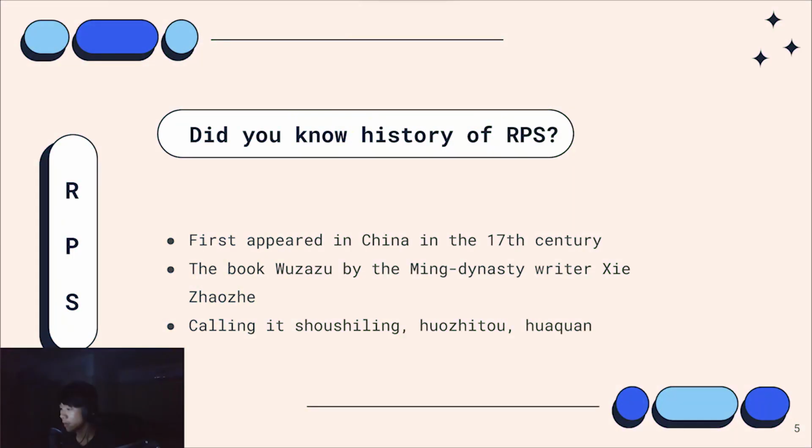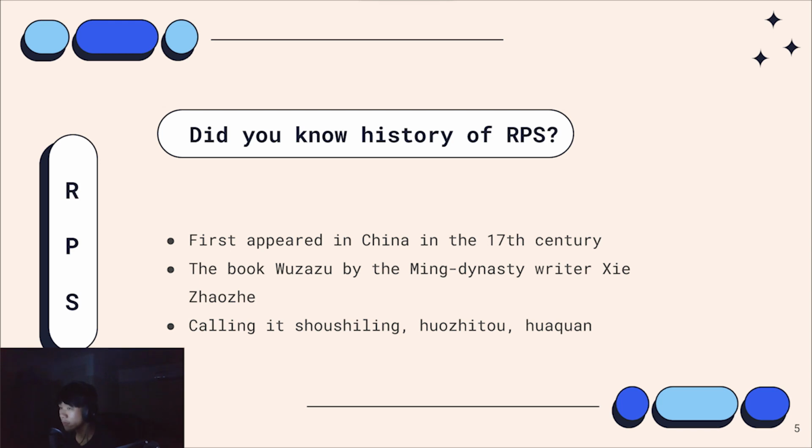Now I'm going to talk a bit about the history of this game. You're probably going to think that this game was invented in Europe or America, but that's not right. In fact, this game first appeared in China in the 17th century, but Europe only started playing it in the 19th century.